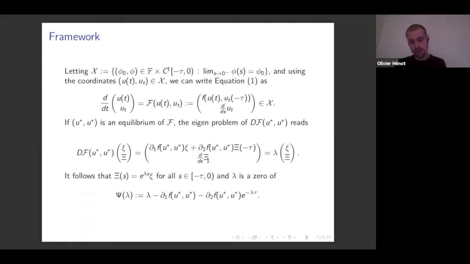If you look at the second row, you see that psi of s, the history of the eigenvector, has to be equal to exponential of lambda s times a scaling parameter, which is psi. Then if you plug this in the first row, you obtain a characteristic equation. An eigenvalue is going to be a 0 of this characteristic equation.